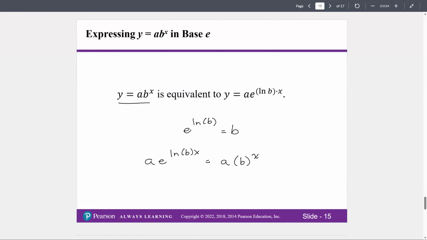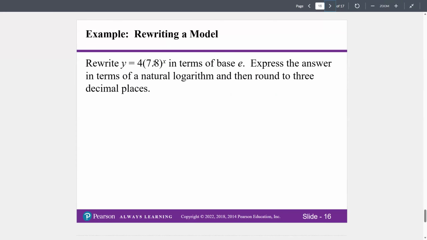So if I'm going to rewrite y equals 4 times 7.8 to the x in terms of base e, remember a times b to the x is now going to be y equals a times e to the natural log of b times x.